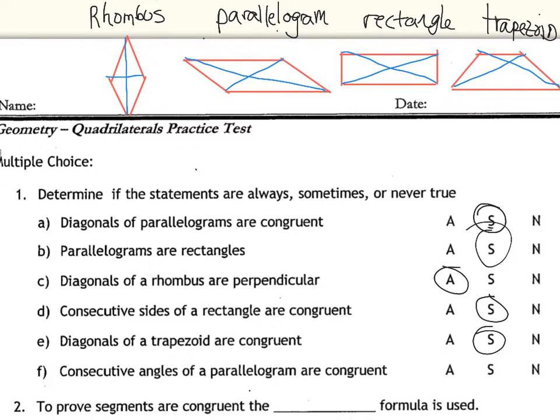Consecutive angles of a parallelogram are congruent. Consecutive angles would be like this acute angle here and this obtuse angle here. In this example, consecutive angles are not congruent, but in the rectangle, which is a parallelogram, they are. So again, this one is also sometimes true.